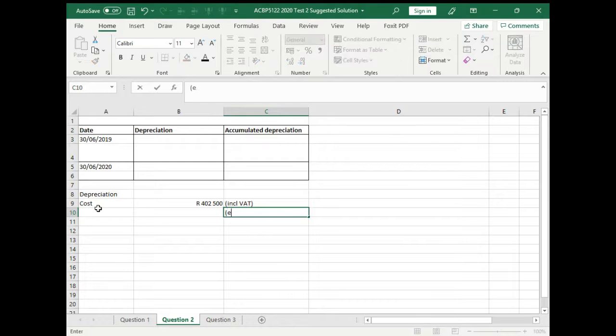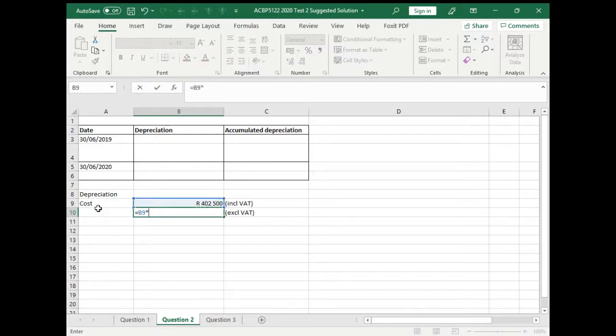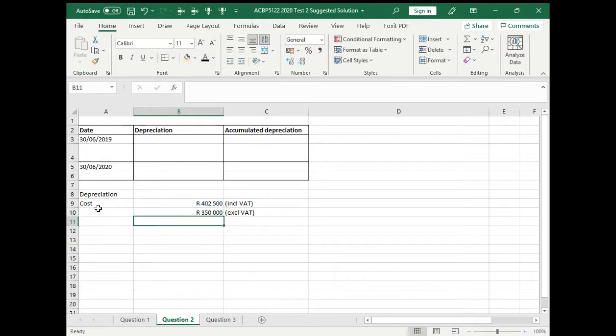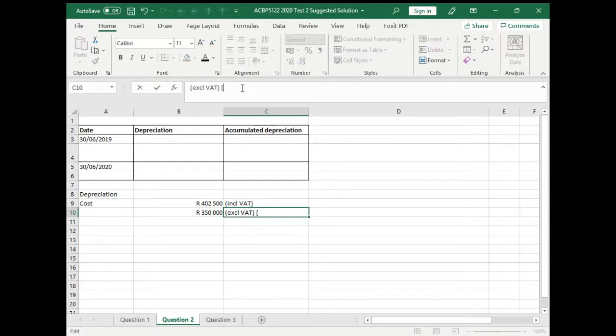Now I have to work out the amount excluding VAT. And how do we work that out? We take the 402,500, multiply it with 100, which is the amount exclusive of VAT, and divide by 115, which is the amount inclusive of VAT. I'm just going to write the calculation here on the side. So the cost excluding VAT is 350,000.